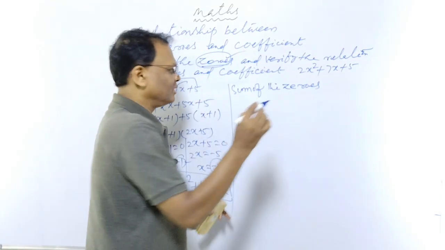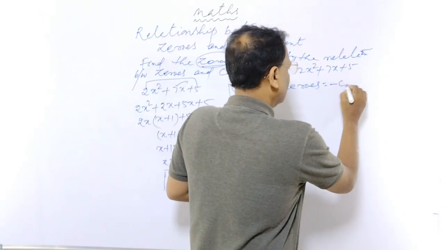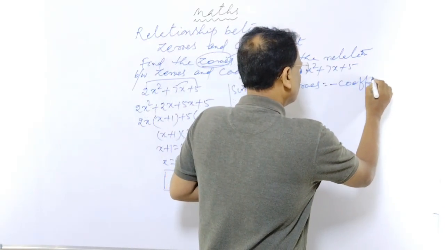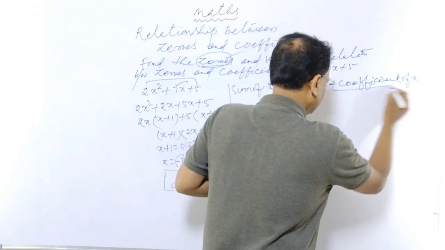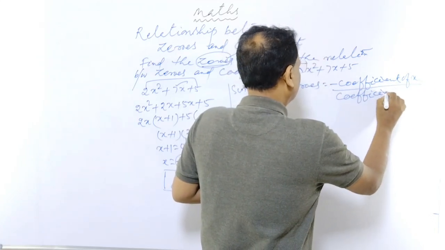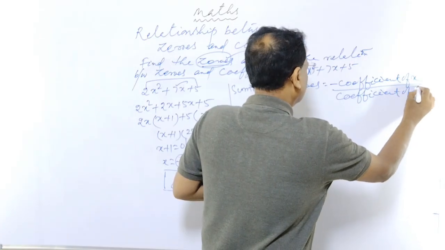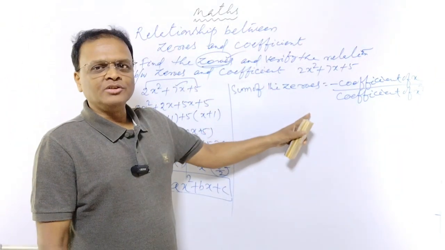Directly you can write the formula: minus of the coefficient of x by the coefficient of x square. That's all.